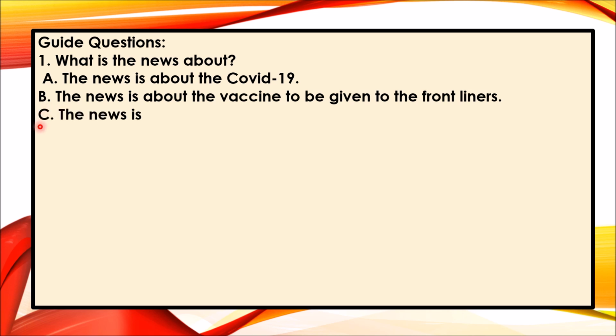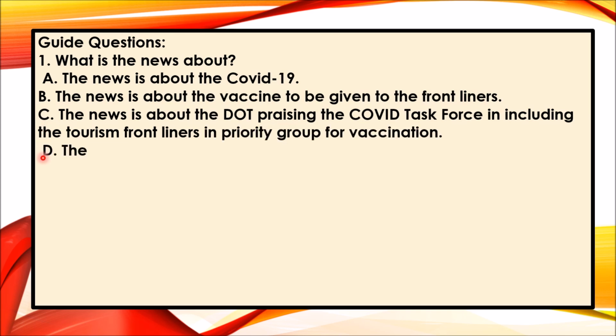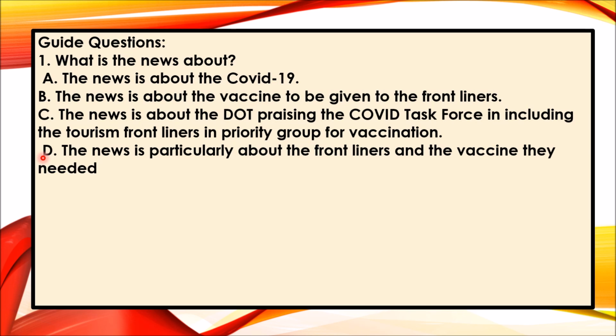C. The news is about the DOT praising the COVID task force and including the tourism frontliners in the priority group for vaccination. And letter D, the news is particularly about the frontliners and the vaccine they needed.